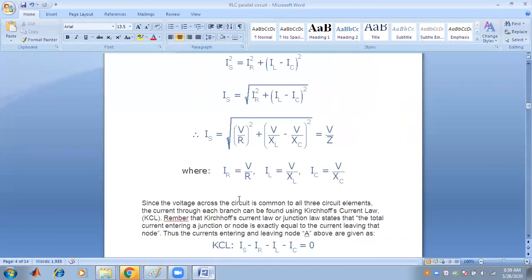Now IR can be written as V by R, IL as V by XL, and IC as V by XC.